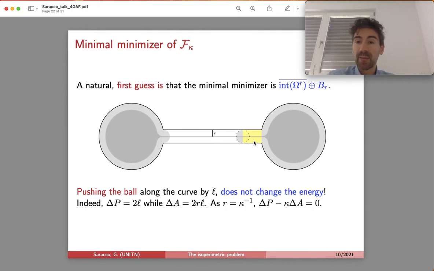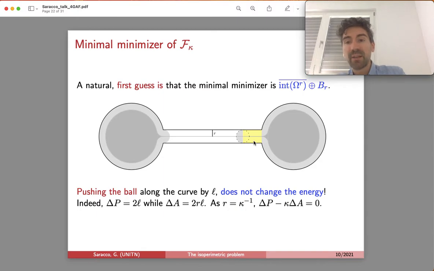So it's 2 times r times L. But the volume term, recall, is multiplied by kappa, and kappa is the inverse of this radius here. So kappa and r cancel out, and so you end up with the change in perimeter being 2L minus kappa times the change in volume, which is 2L. So in the end, the global change in the energy is 0.